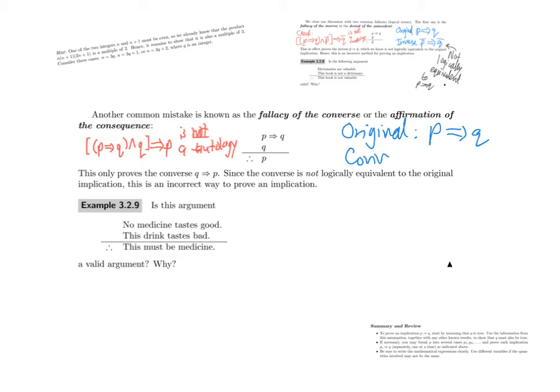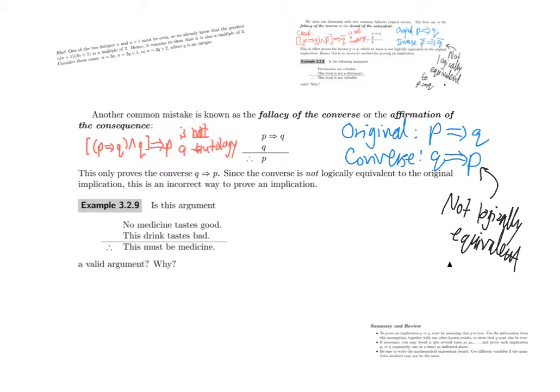Remember that the converse is when we take if P then Q and write it as if Q then P. Again, this is not logically equivalent. It's possible for them both to be true in a given situation, but they're not guaranteed to have the same truth value because they're not logically equivalent.